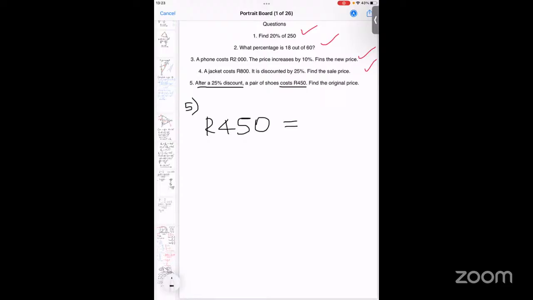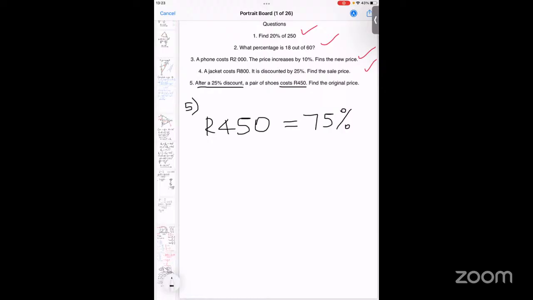It will definitely be 75. So in other words, it's like you have spent 75% in buying that pair of shoes. That is the first part of it.